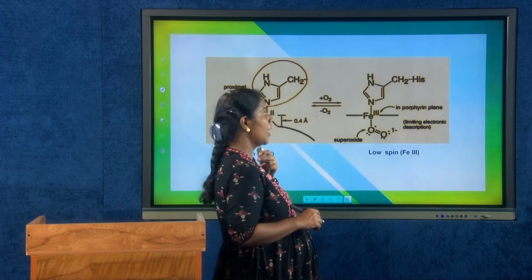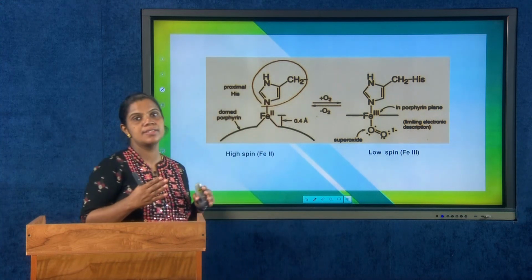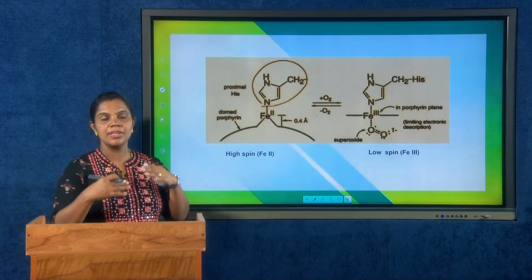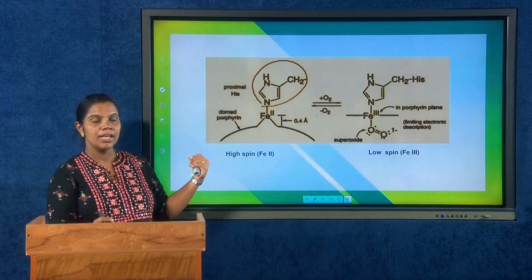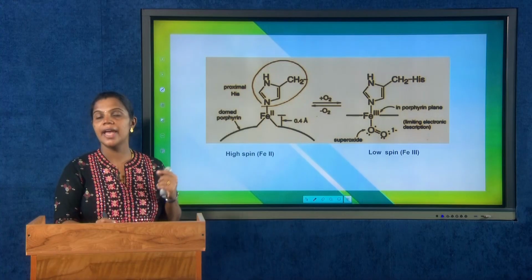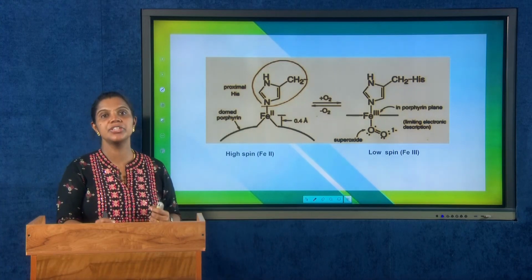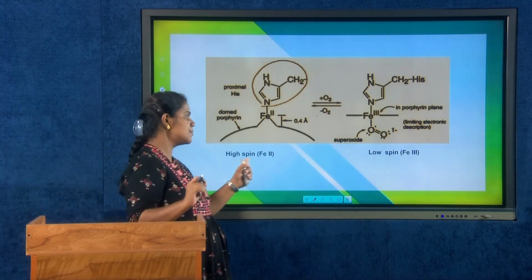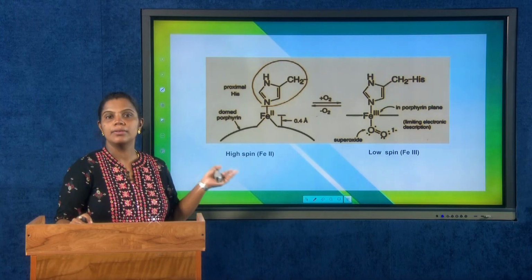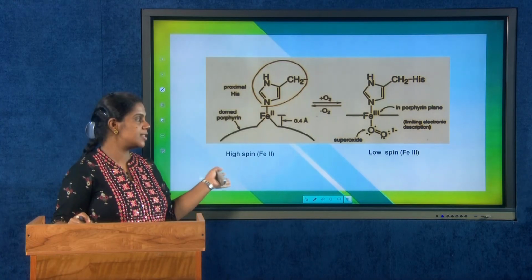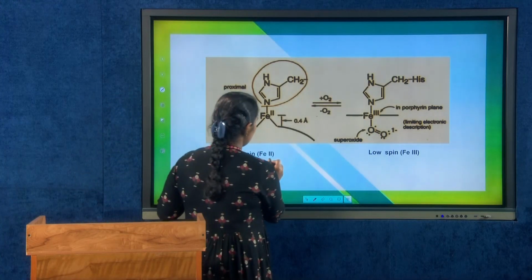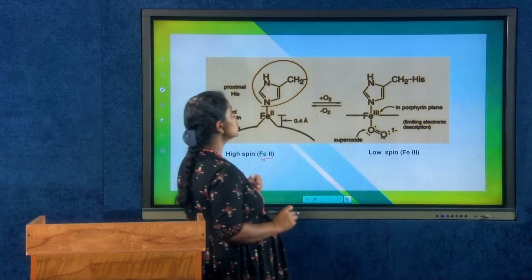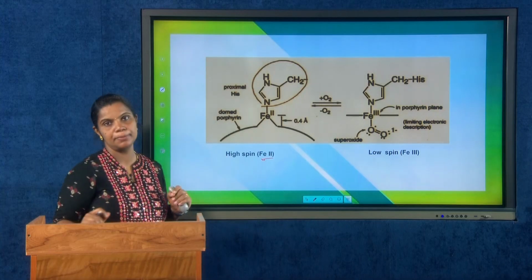Here in myoglobin, what happens upon oxygenation? That's what we are going to see here. We know that iron exists in +2 oxidation state and in high spin in the deoxymyoglobin form. So, you can see here iron is existing in the +2 oxidation state, high spin.